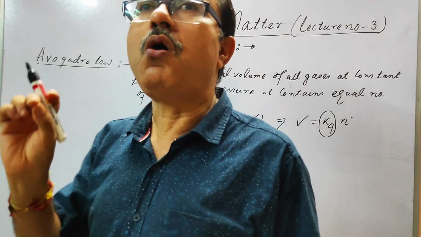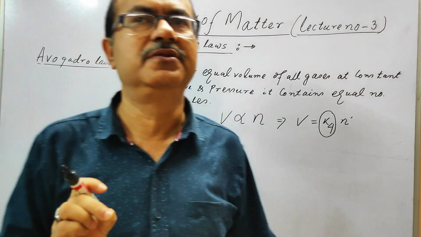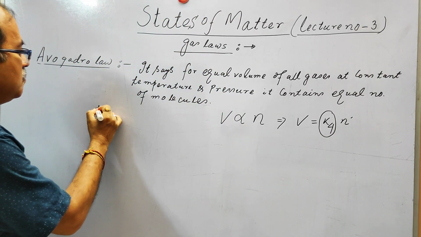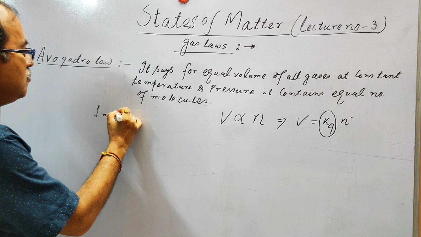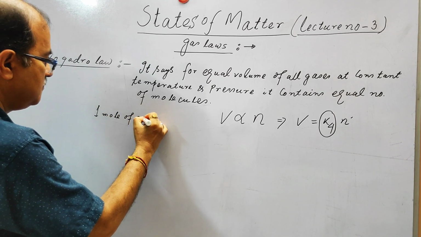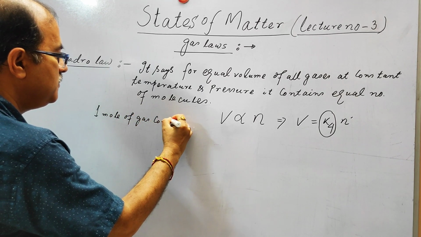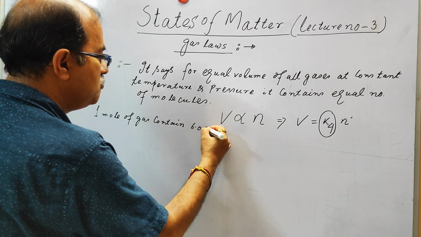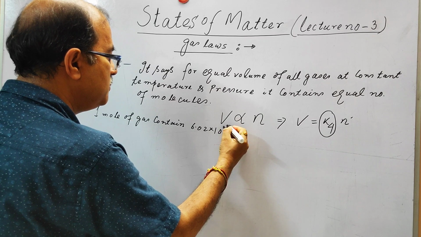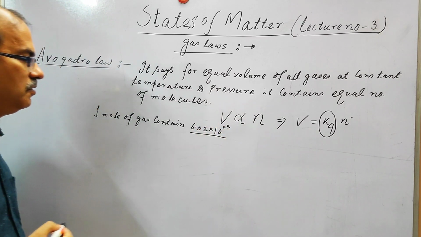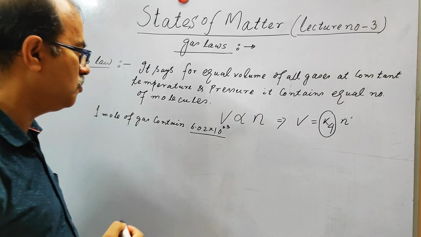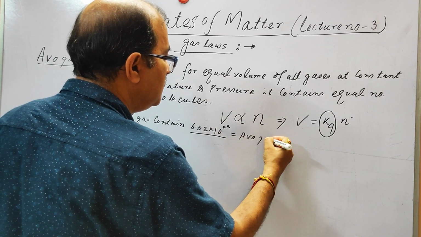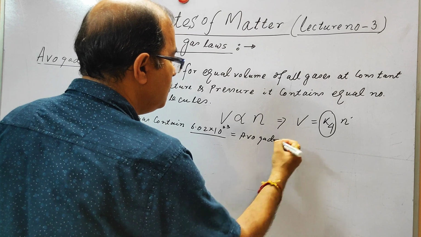And 1 mole of gas contains 6.02 into 10 to the power 23 molecules, which is called the Avogadro number.